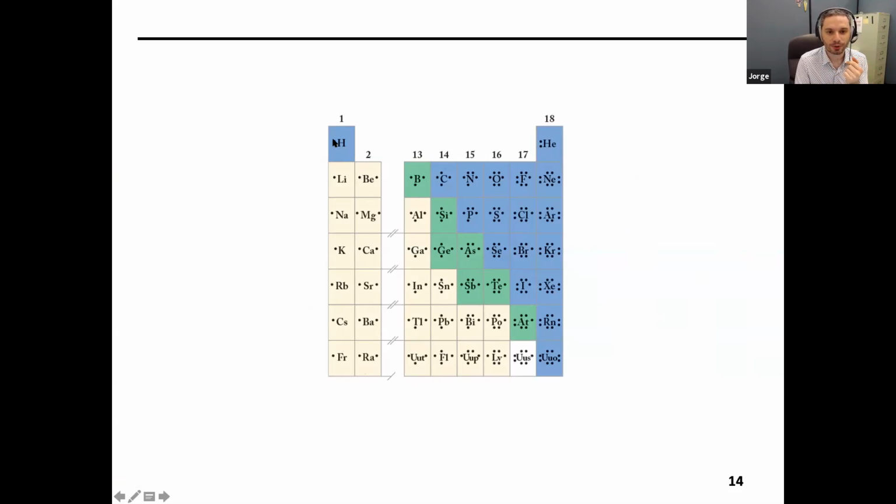We are going to represent the number of valence electrons as a dot. Group 1, just 1 electron. Group 2, 2 electrons. And we jump to the group 13, where there are 3. I showed you for carbon and oxygen and so on. So you can use the same concept to represent anything you want.